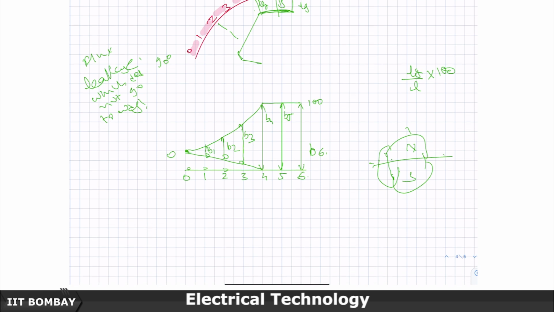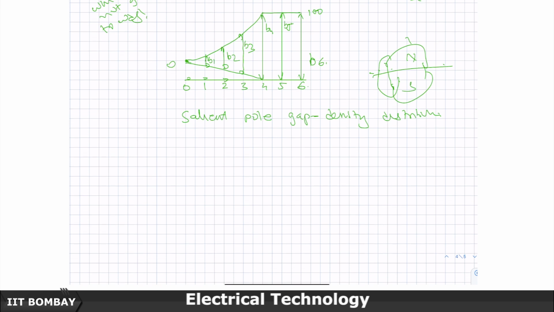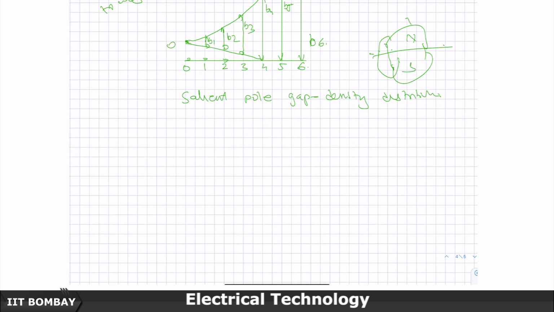So, this is my salient pole gap flux density distribution. If I do some more work on it, then I can show that this will give me a B1 like this.